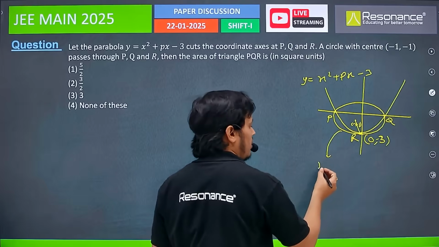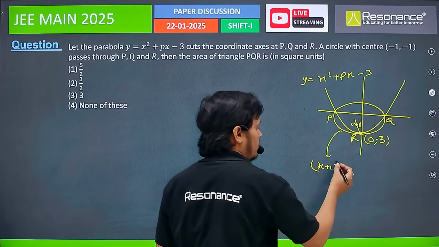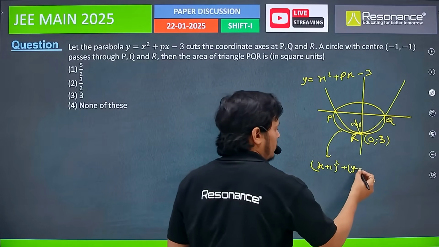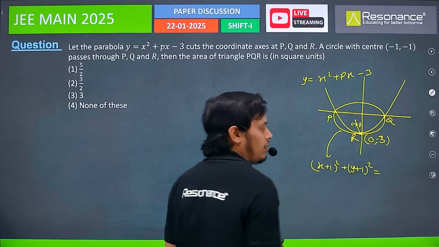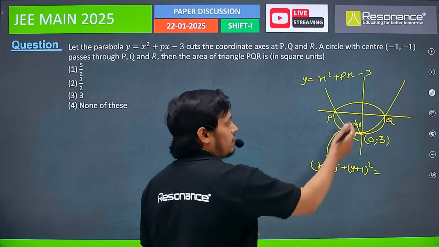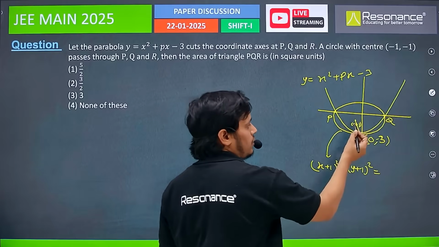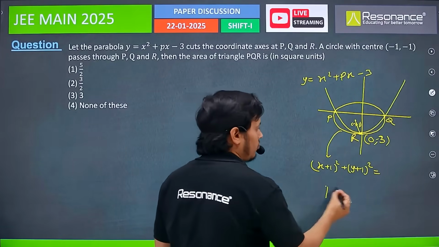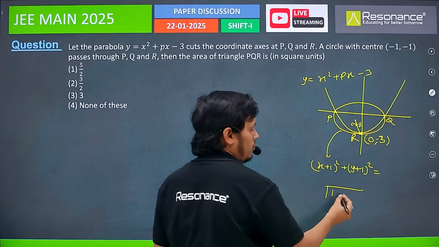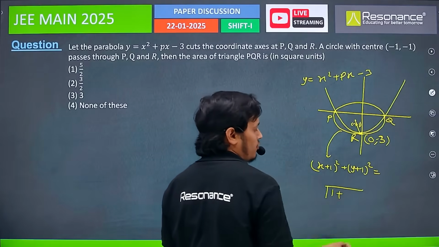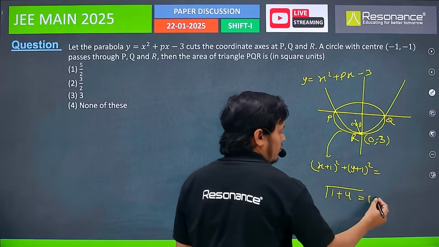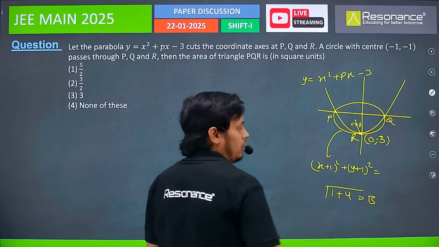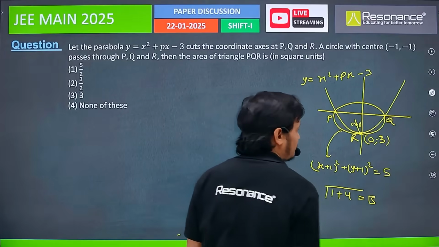Center is minus 1 comma minus 1, so x plus 1 whole square plus y plus 1 whole square equal to r square. The radius will be the distance of the center minus 1 comma minus 1 from 0 comma minus 3. If you find root over x1 minus x2 whole square plus y1 minus y2 whole square, that is equal to root 5. Okay, so r square will be 5.